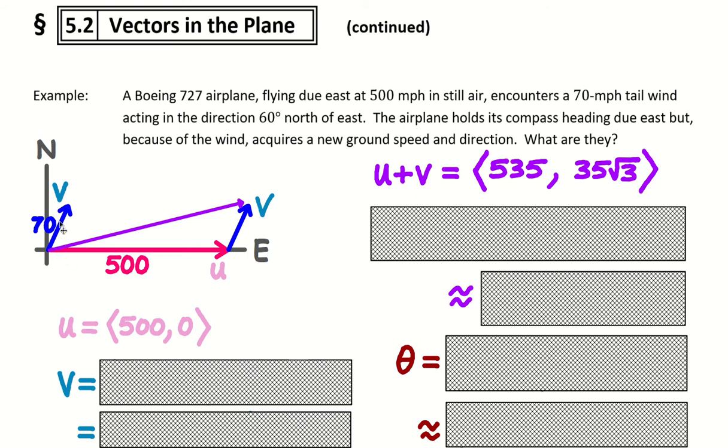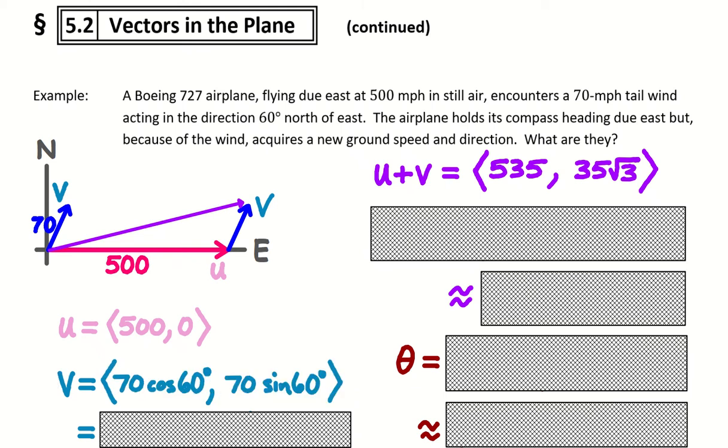We know that it's 70 long, and we know the angle, so this is where we have to call upon, again, our pre-calculus skills. If you think about it long enough, it ends up being 70 times the cosine of 60 to get just the a component, and then the b component would be 70 times the sine of 60.